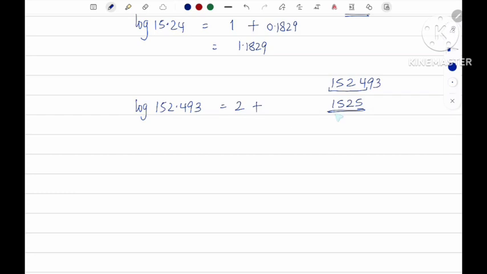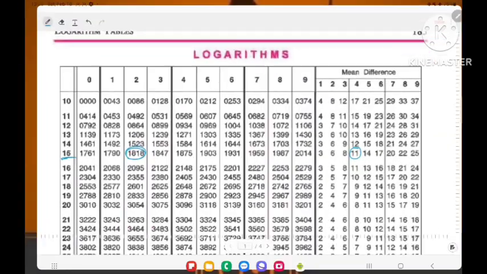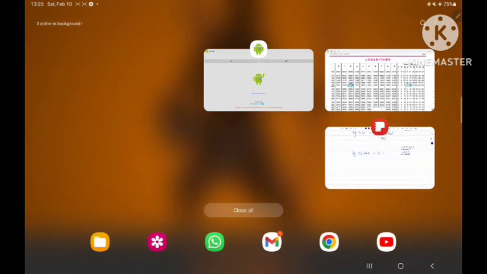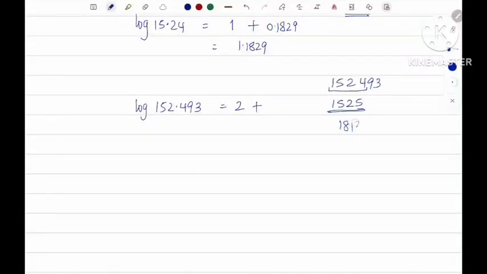So under 15th row, second column, fifth addition, 1525. So we will add 1818 plus 14. So it will become 0.1832, which is equal to 2.1832.